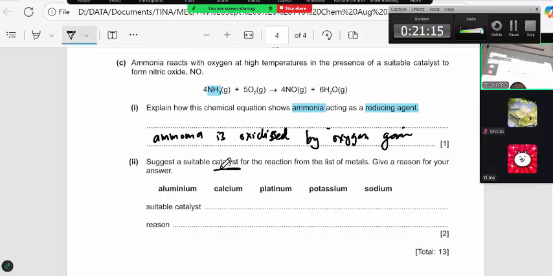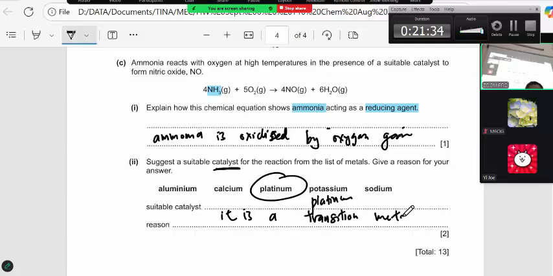The catalyst must be a transition metal, always. So the transition metal here is platinum.